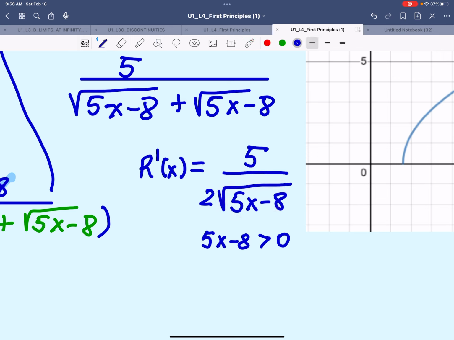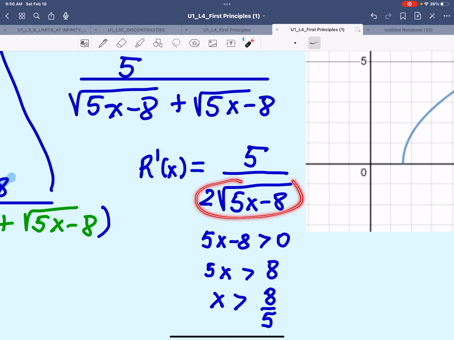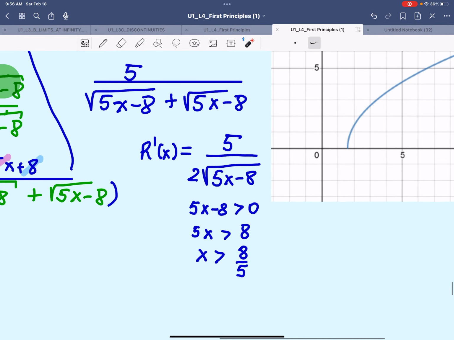So what that means is that 5x has to be bigger than 8 or x bigger than 8 over 5. Remember, bigger than but not equal to, because we don't want the denominator 0. So we'll say that the derivative R prime x exists if x is bigger than 8 over 5. So I'll write this down.